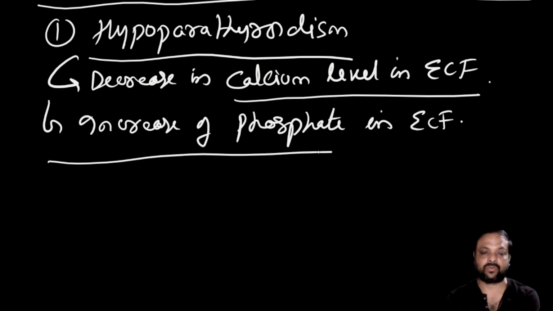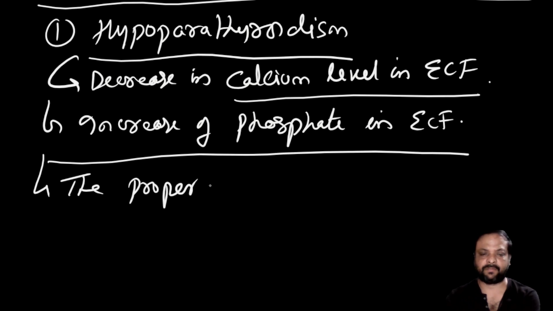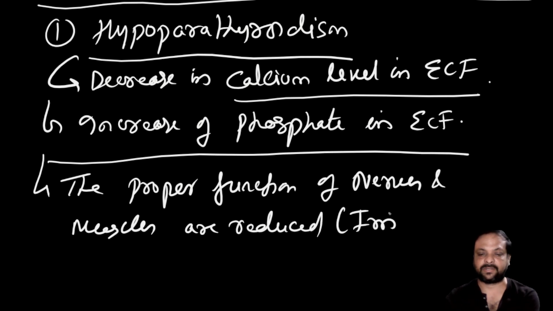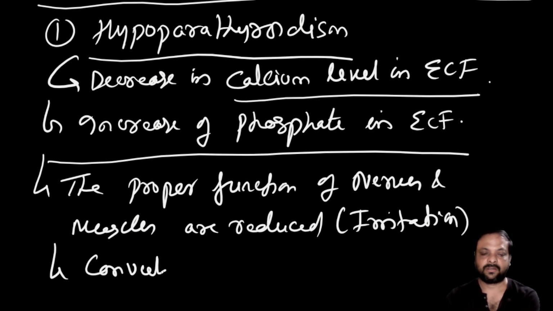Got it? So these two conditions take place. As a result, the proper function of nerves and muscles is reduced, meaning irritation takes place that causes convulsion and cramp.